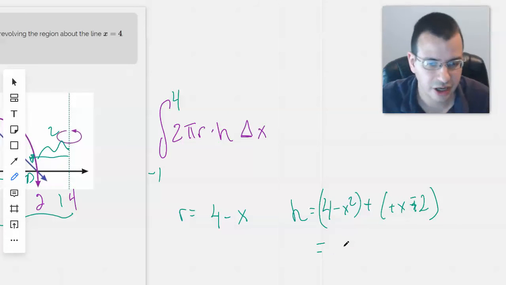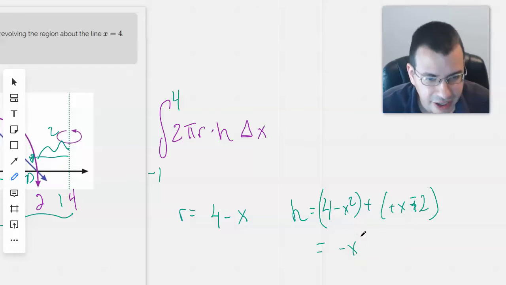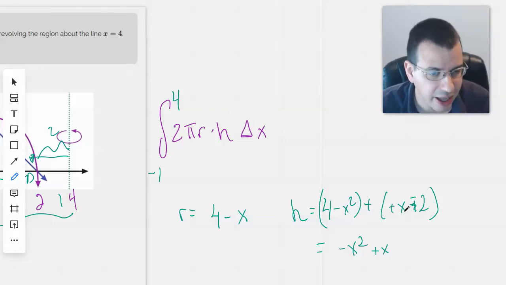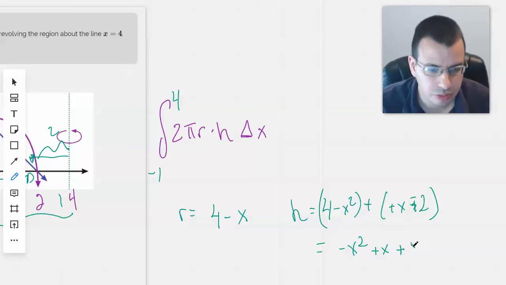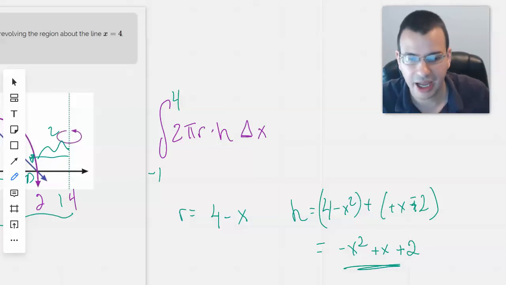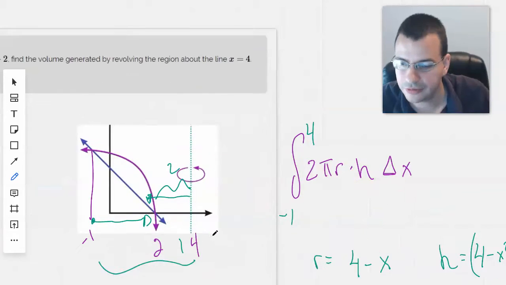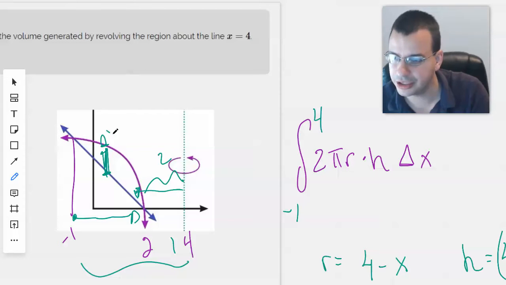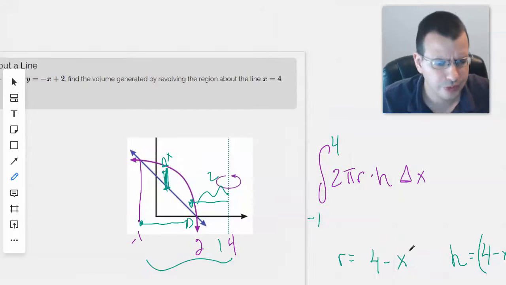And this gives us negative x squared plus x plus 2. Okay? That would be the height, so we're looking for the height right here. So it would be this height right there. And then delta x will be this value right there. Ooh, that's a lot of values.